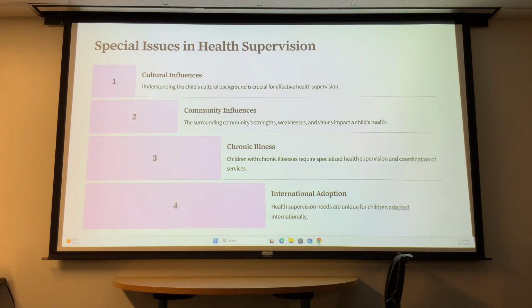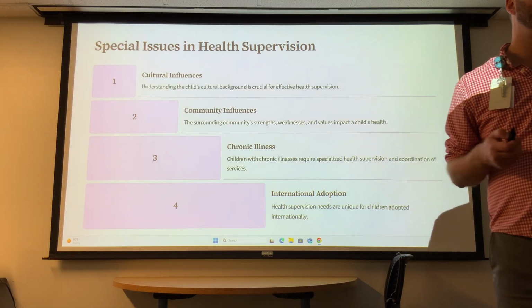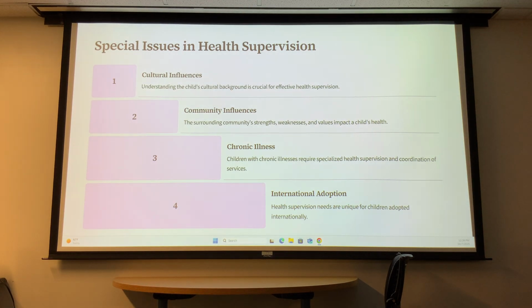Okay. Community influences. So the surrounding community strengths, weaknesses, all play into how healthy a child is, right? So if there are clinics all over the place and there's easy access to healthcare, are we going to see healthier kids? Yeah, maybe. Maybe not. Depends on if they go there.